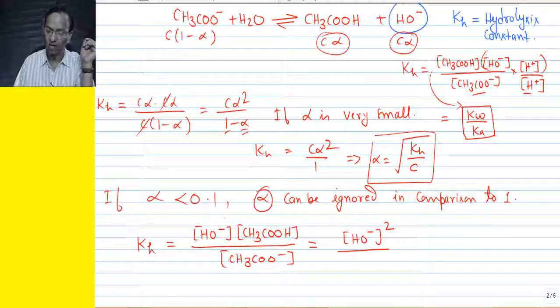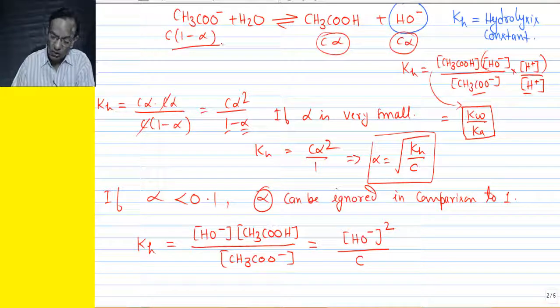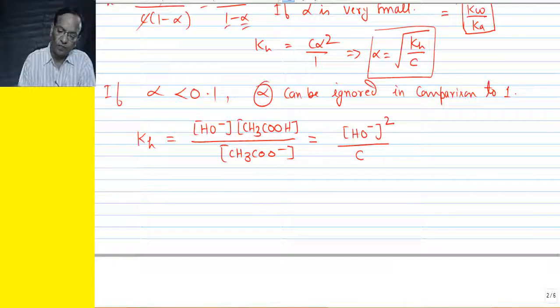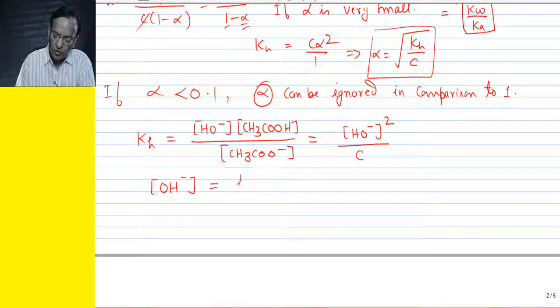Since alpha is less than 0.1, it is being ignored in comparison to 1. So 1 minus alpha will be 1. So denominator will be only C. Therefore, the concentration of hydroxide ion will be equal to Kh into C under root.